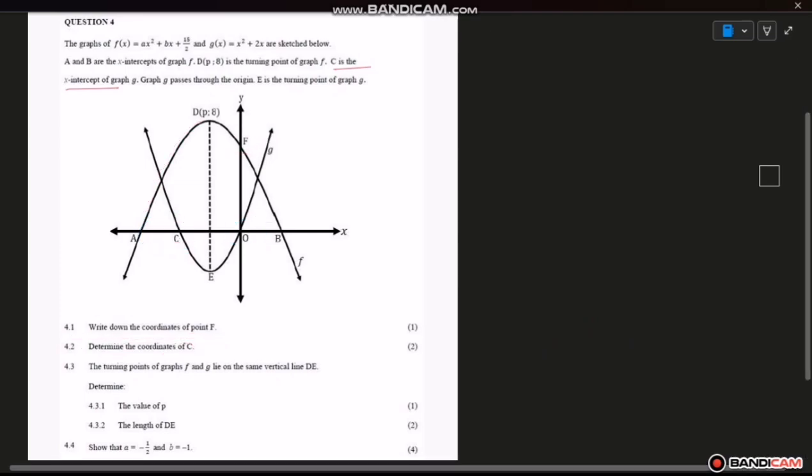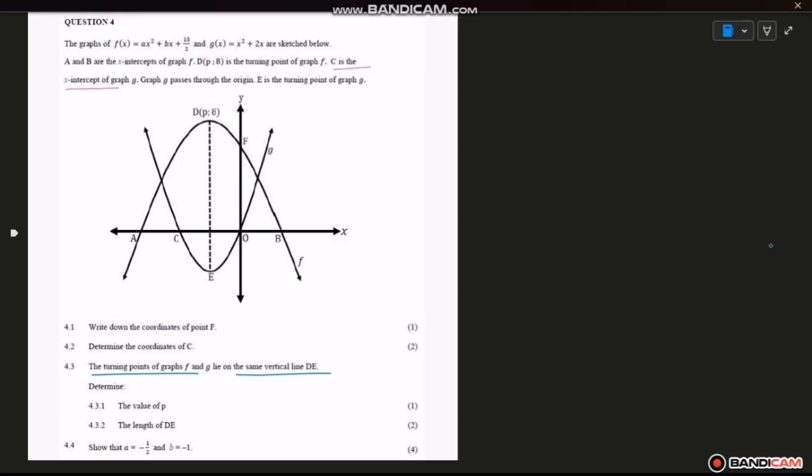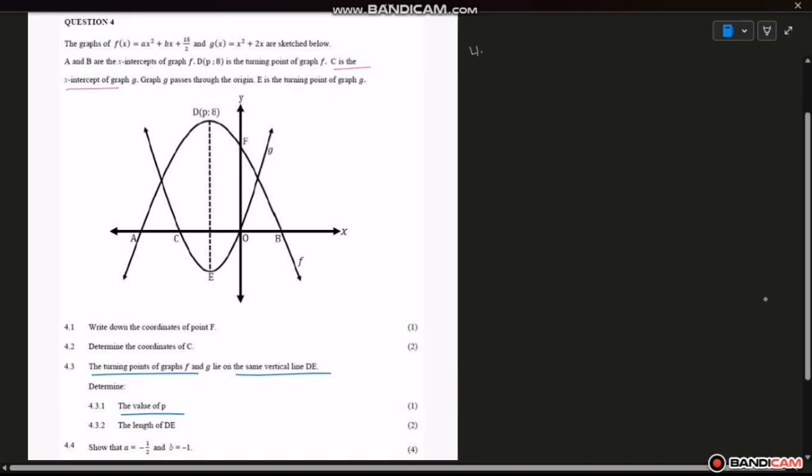Okay, let's clean everything. Then they're saying that the turning points of graph f and g are on the same vertical line DE. Then they want us to determine the value of p. We know that the value of p is the x-coordinate of the turning points, meaning both graphs share the x value of the turning point.